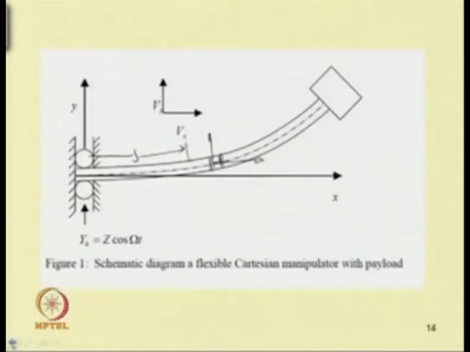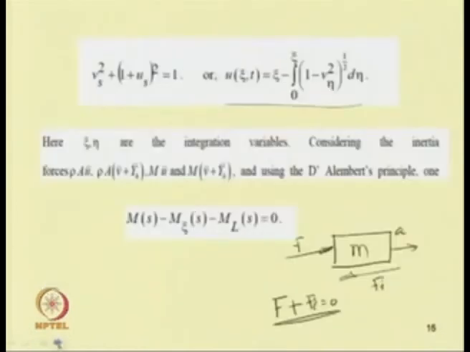Where theta is the angle between, so this angle is theta. When taking the moment about this point, one can have this cos component and sin component, for axial and for vertical, and it can be written in this form.